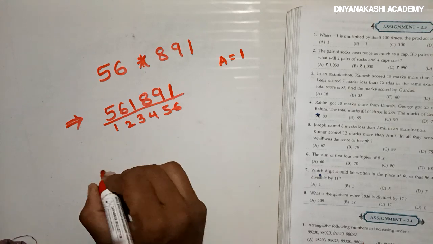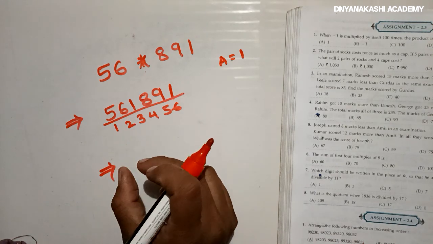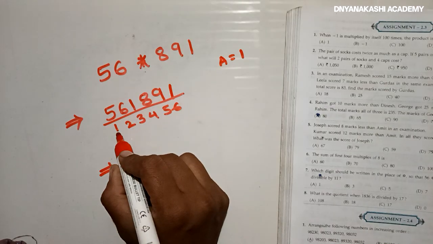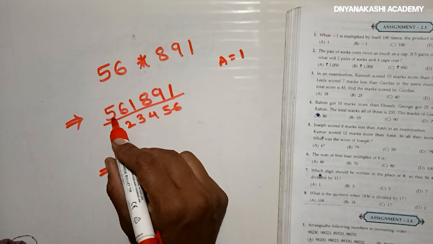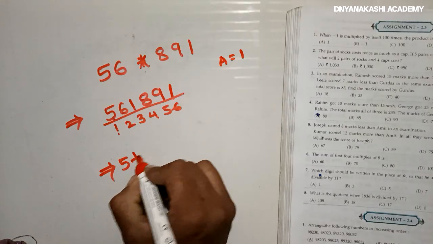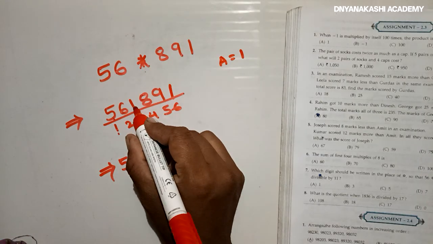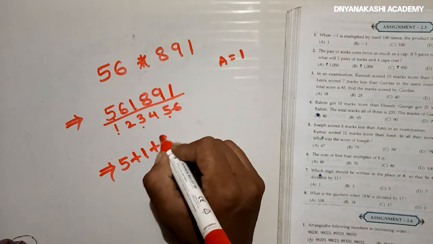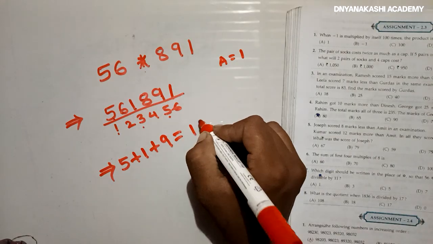First I do the sum of the odd place numbers. Odd place means 5 is in the first place, because this one is an odd place. 5 plus, and 1 is also in an odd place, plus, and 9 is in an odd place. Okay, 15.